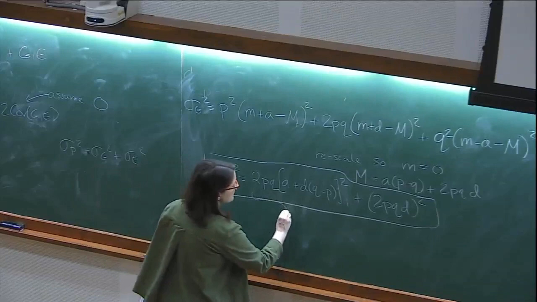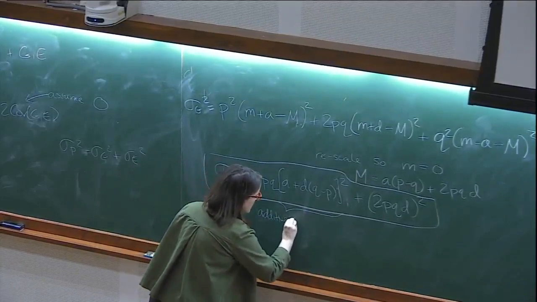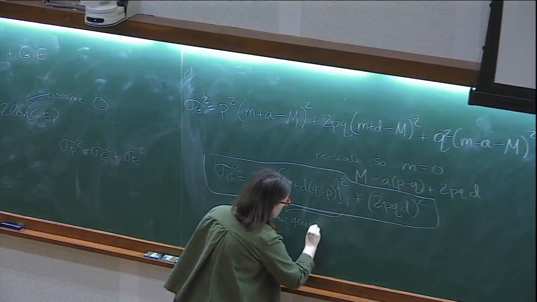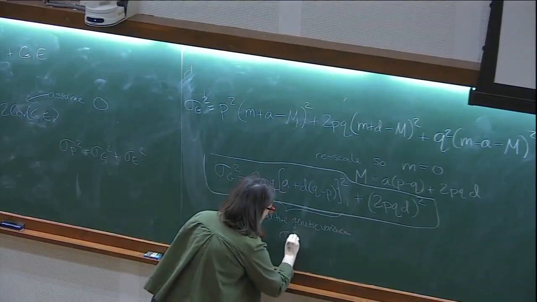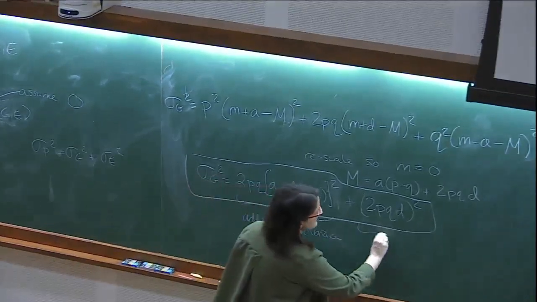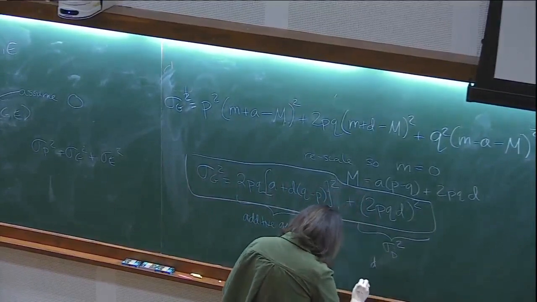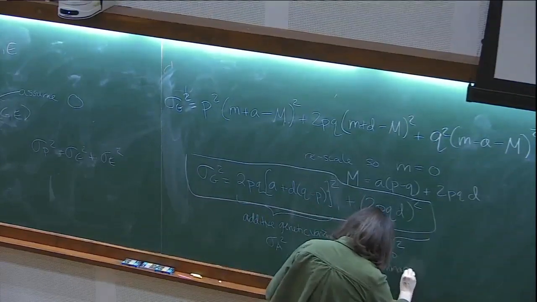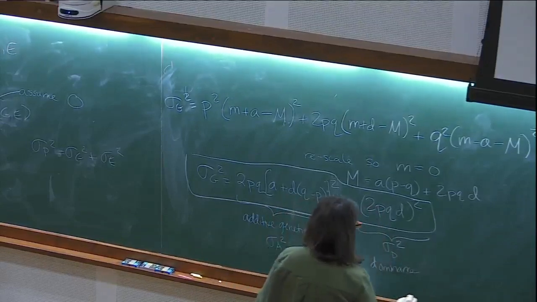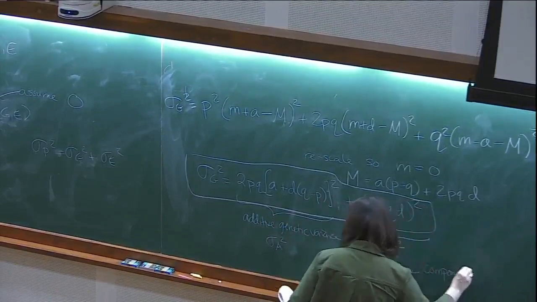This component is called the additive genetic variance, written as sigma A squared. And this is called the dominance variance, or sometimes the dominance component. I don't know. Write it however you like.